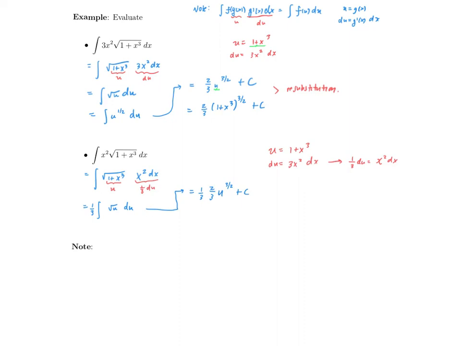And whenever we use this method of substitution to evaluate an indefinite integral, our final step is always going to be to resubstitute. So each u needs to be replaced once again with 1 plus x cubed. So this would be 2/9 times 1 plus x cubed to the 3/2 plus c.